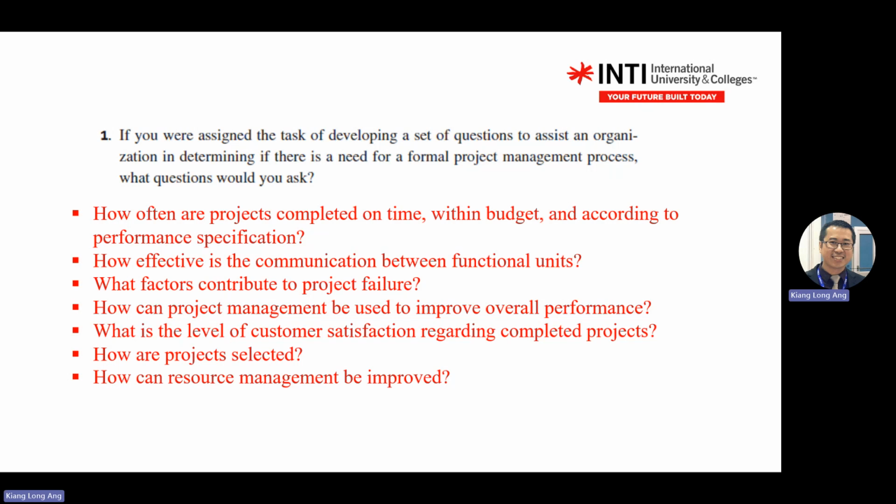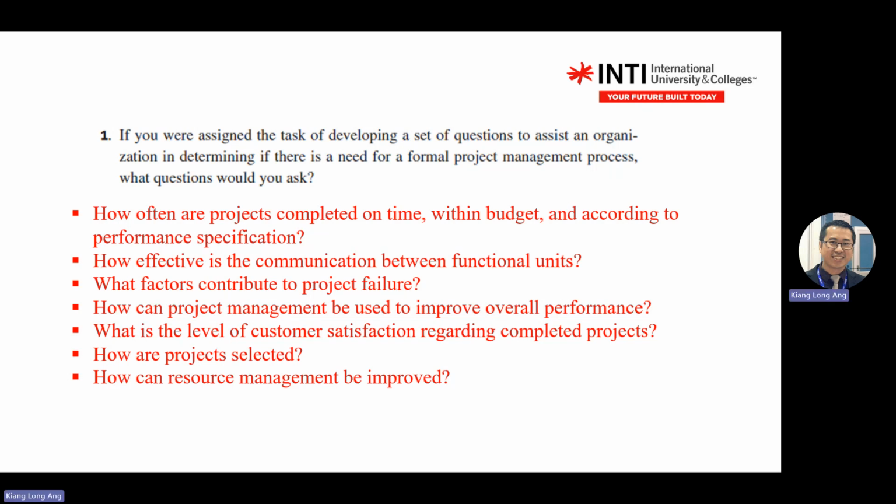The answer is not in our normal lecture slides. But anyway, I hope you can see, it's still going around the definition of project success: time, cost, quality, customer requirement. So you ask a question about time, what is the budget, and what is the specification.